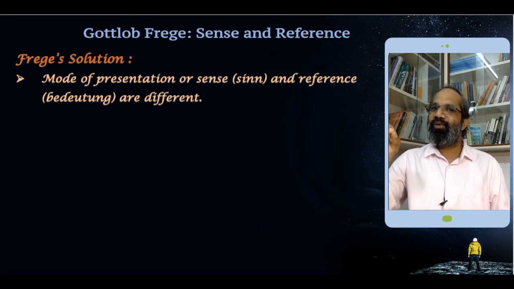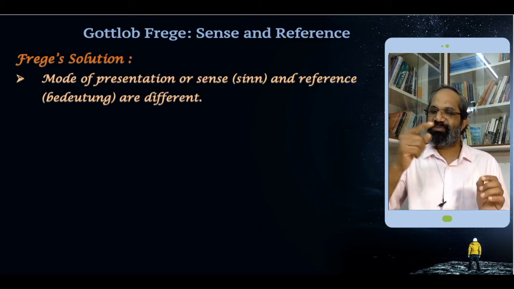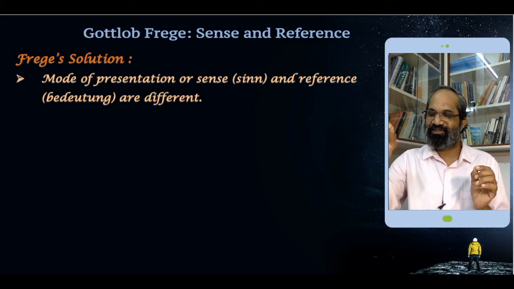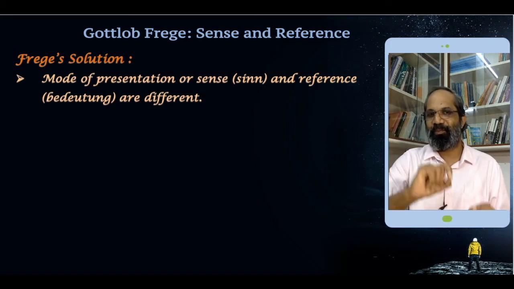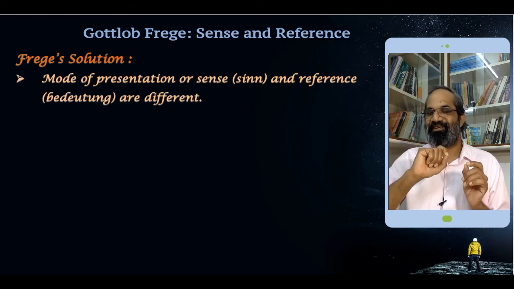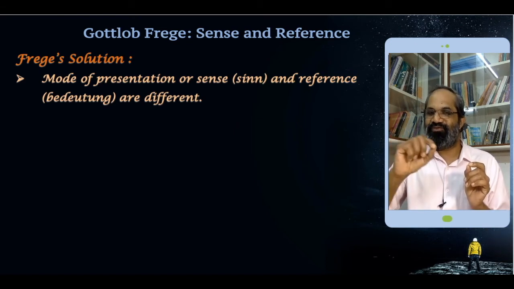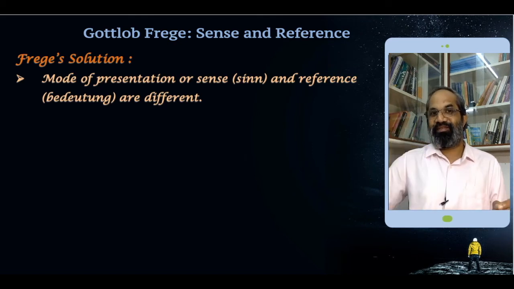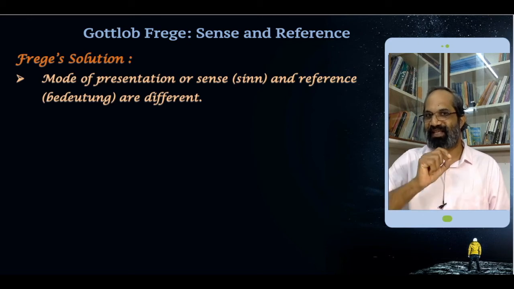So, how is an object expressed through a sign? How an object is expressed through the sign is called the sense or meaning of that expression. He calls it the mode of presentation: how the object is revealed in front of you through the sign. And the mode of presentation he calls the sense of that sign.